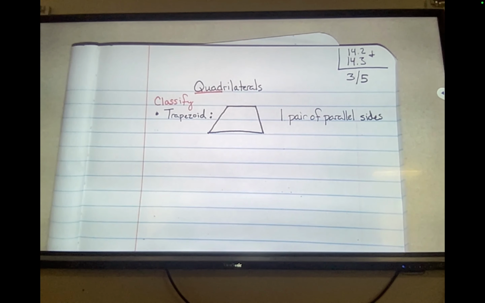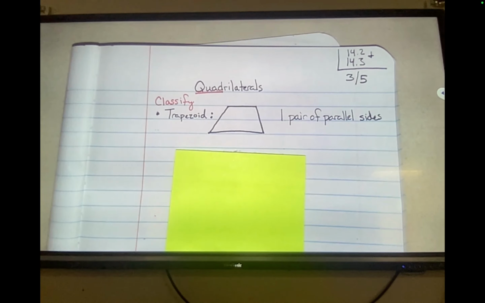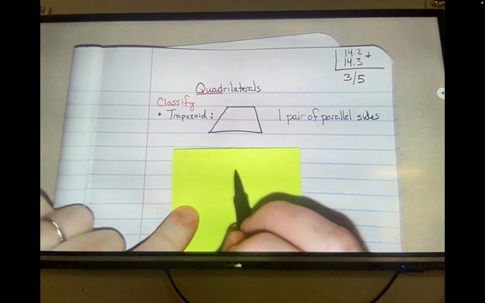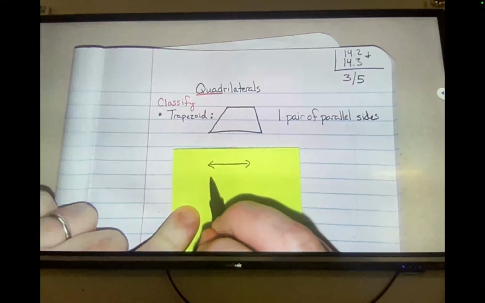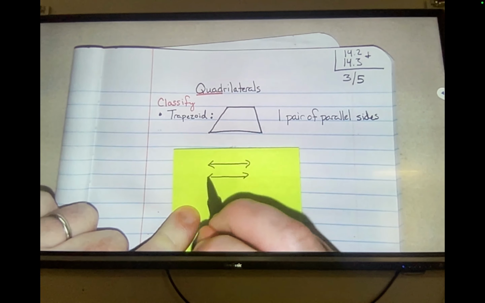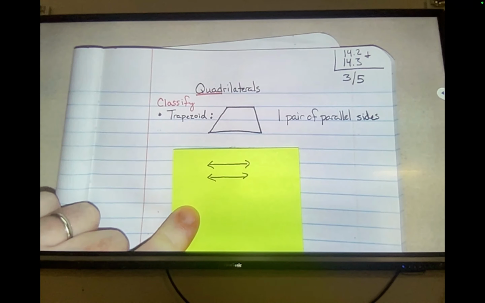So what does parallel mean? I guess we should have stopped and talked about that first. Parallel sides are sides that will never touch. So if I had this arrow, this and this, these two lines will never touch.